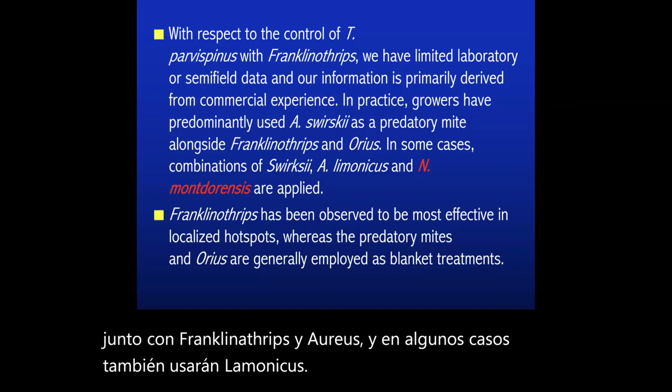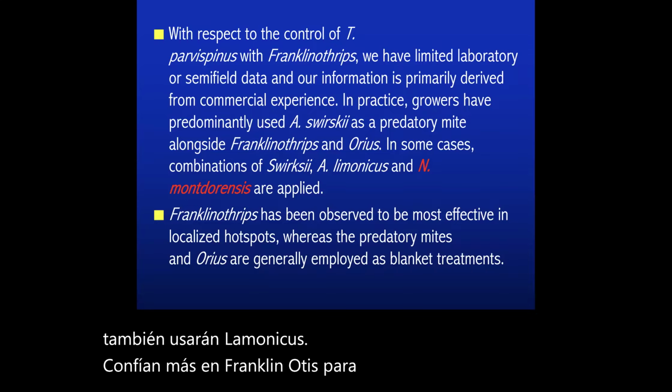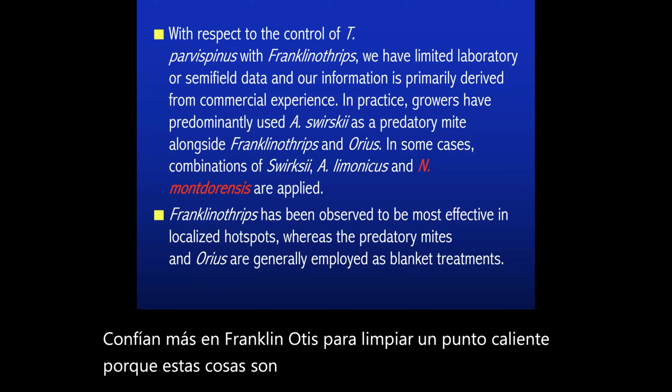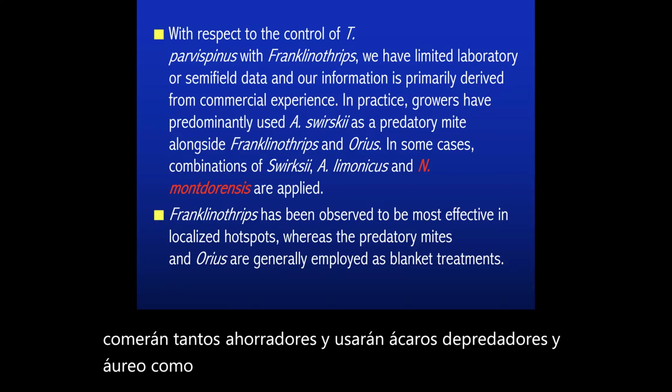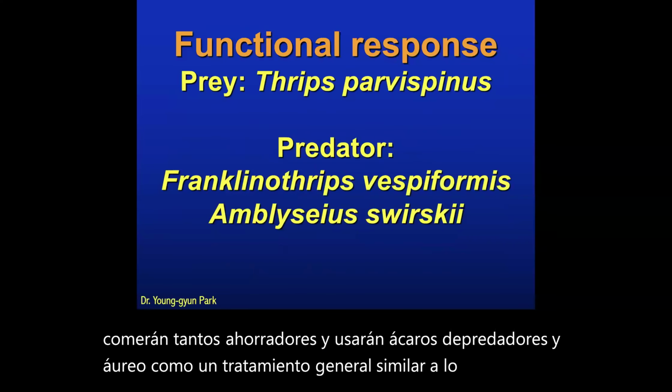They rely on Franklinothrips more to clean up a hotspot, because these things are so aggressive and they will eat so many thrips, and use the predatory mites and Aureus as a general blanket treatment, similar to what they did for Western flower thrips.